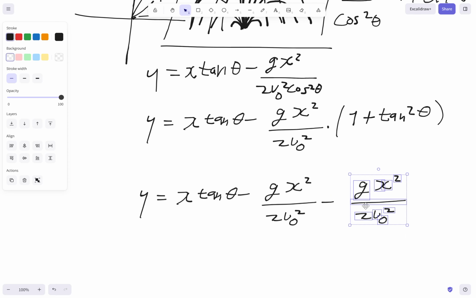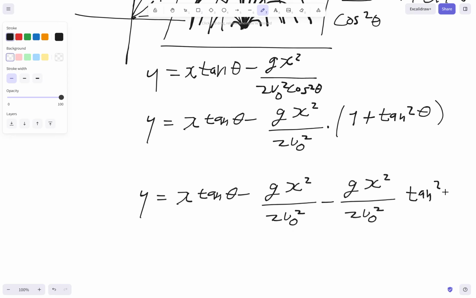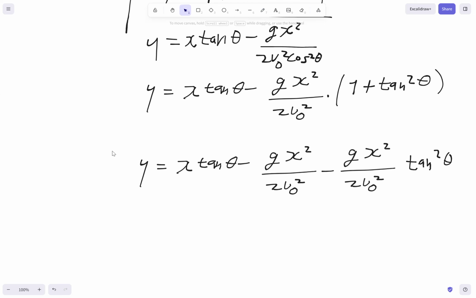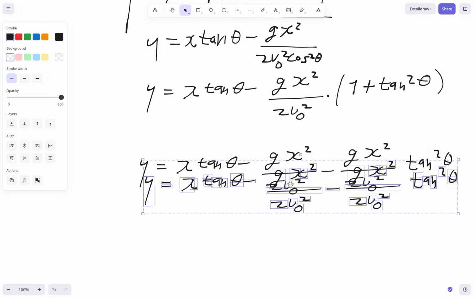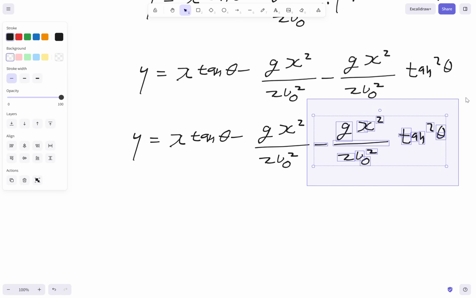Minus tan squared theta. Bang. Now I'm going to rearrange this equation a little bit, just to get into the normal quadratic equation that they teach you in school.